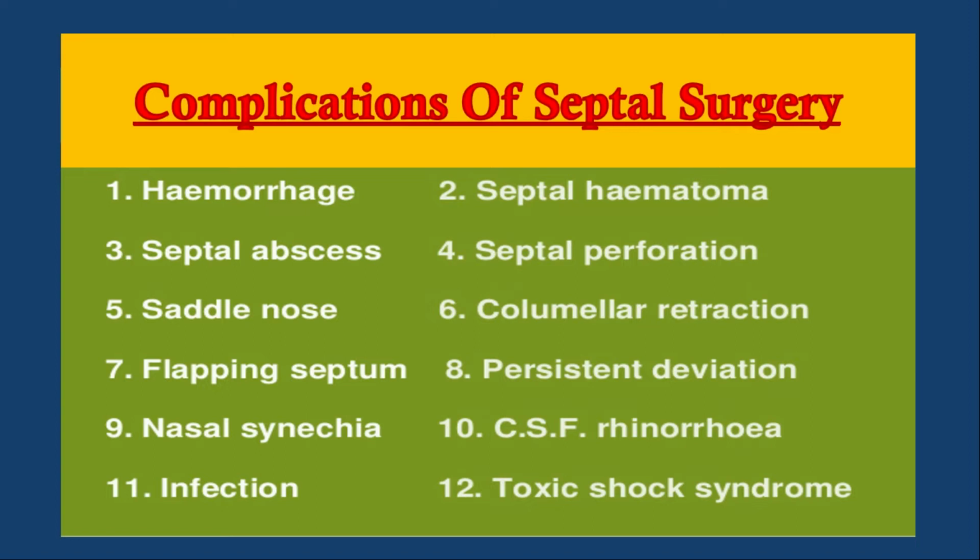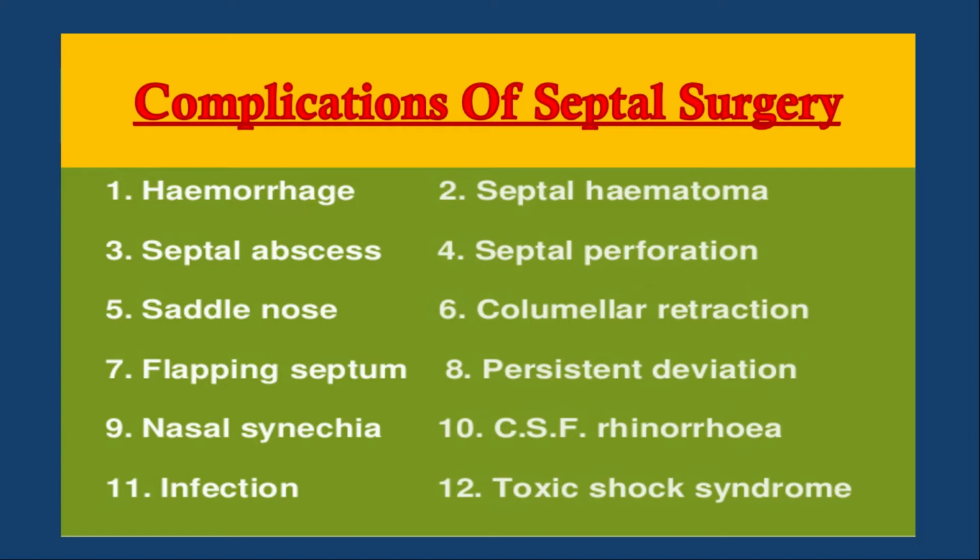Nasal synechiae are usually fibrous adhesions, which form due to a lot of trauma occurring inside the nasal cavity. That trauma later leads to development of fibrous tissue or fibrous bands between the medial and the lateral wall of the nasal cavity.